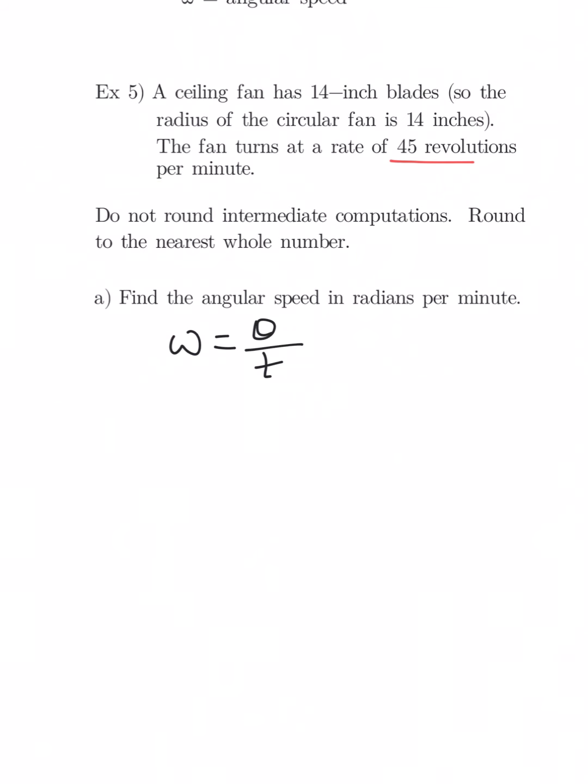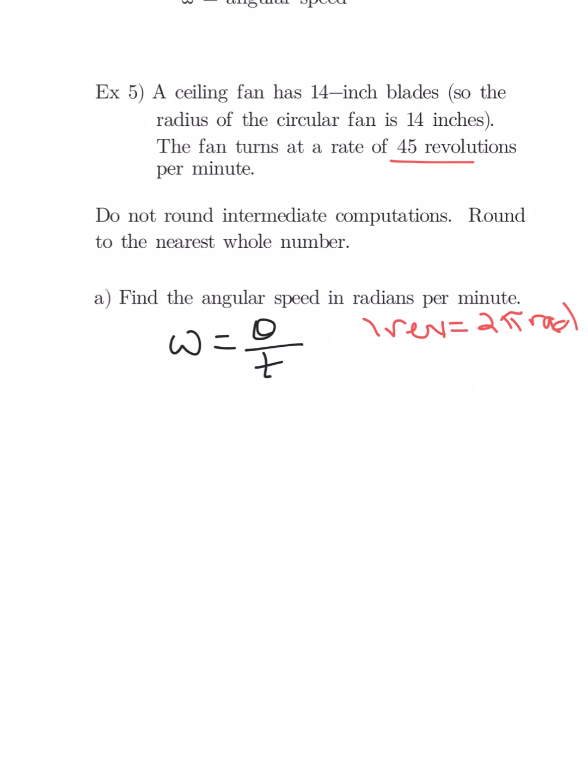You need to remember that 1 revolution equals 2 pi radians. We are told that this fan is turning at 45 of those revolutions per minute. So we do already have our unit of time. So what we have to think about is that we are doing 45 of those 2 pi's.